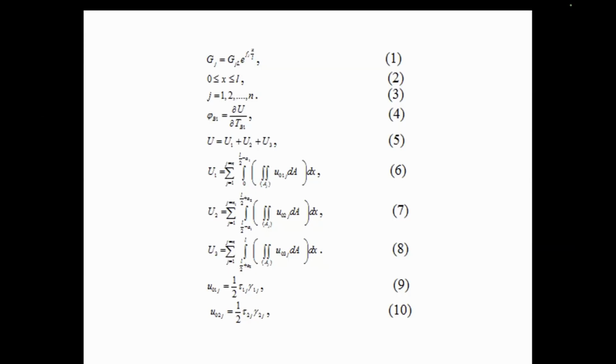In this equation, U is the strain energy accumulated in the beam, T_b1 is the torsion moment in the left end of the beam. The strain energy is given by using equations from number 5 to number 8.